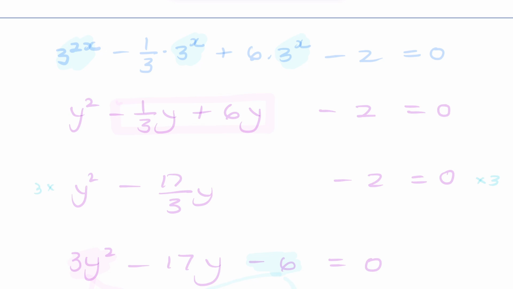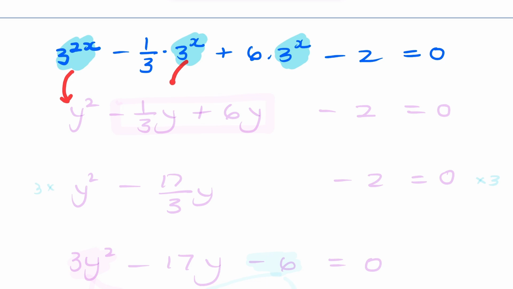So my expression then becomes y squared minus 1 over 3y plus 6y minus 2 equals 0.